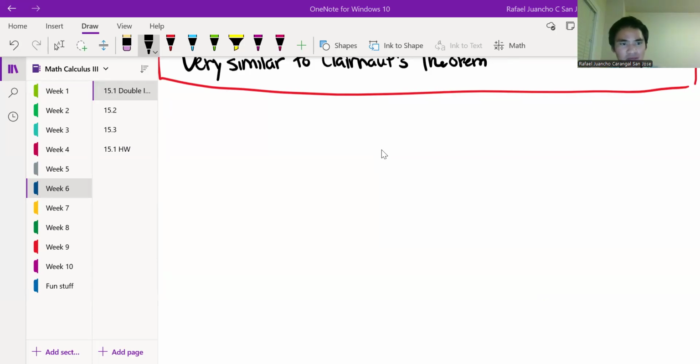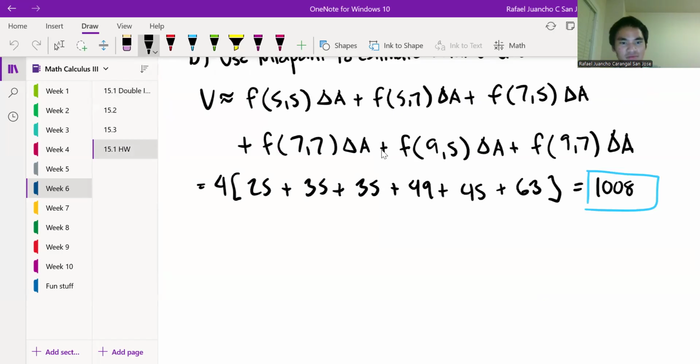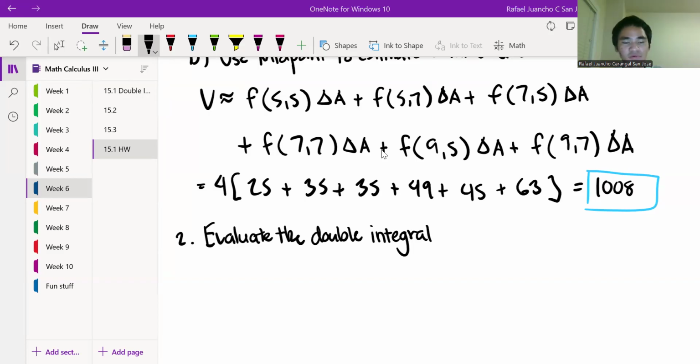Okay, let me try and do some stuff here. Let me go ahead and do some exercises. So here we want to evaluate the double integral. And this double integral, we want to first identify it as a volume of a solid.